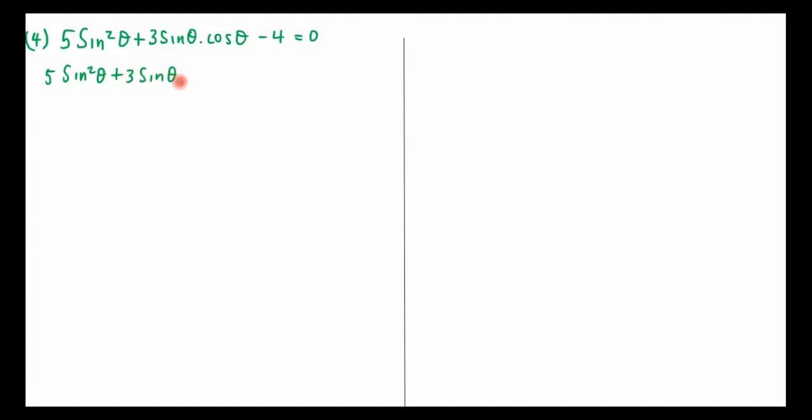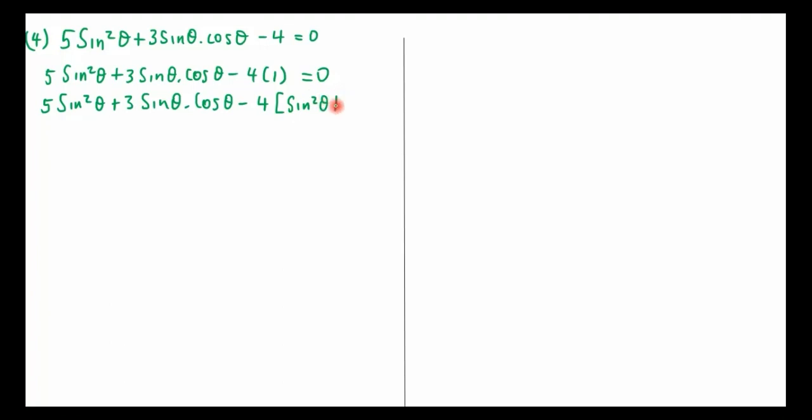All right, now why are we writing it as 4 times 1? Because we know that if we have 1 in an identity, we can equate that with sine squared theta plus cos squared theta. So that's what we're going to do here. So we have 3 sine theta times cos theta minus 4, and then we put in our sine squared theta plus cos squared theta.